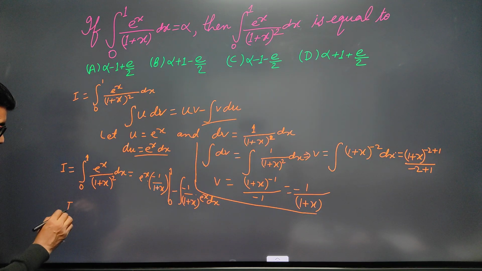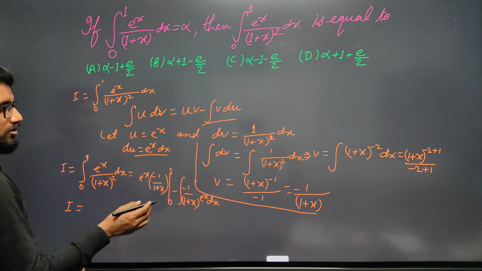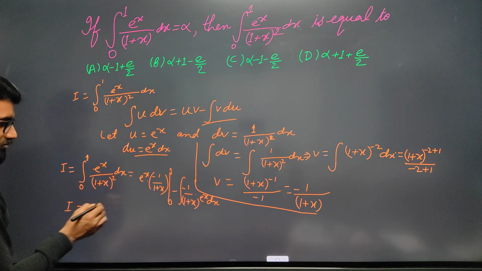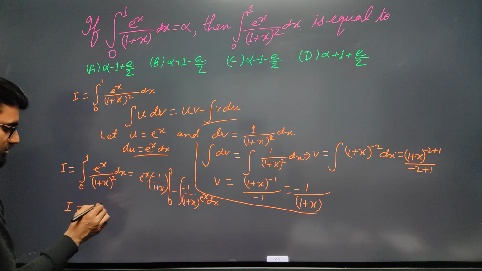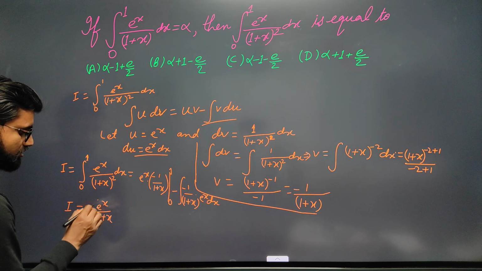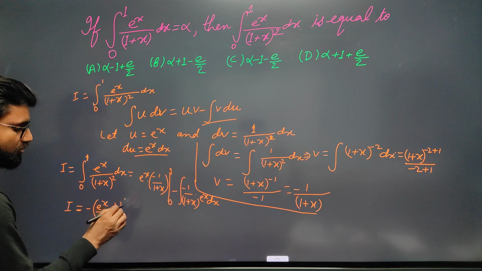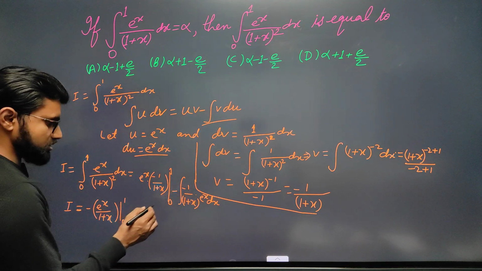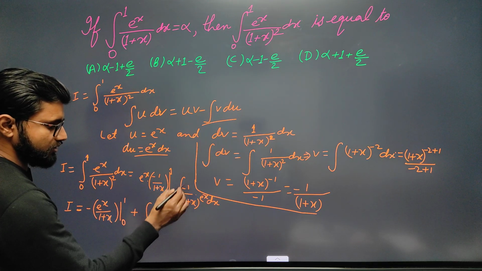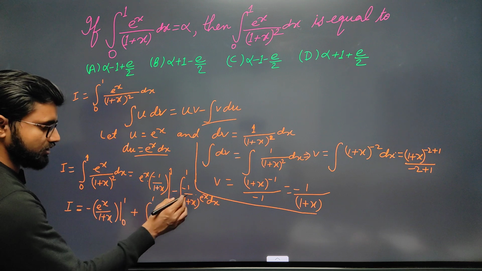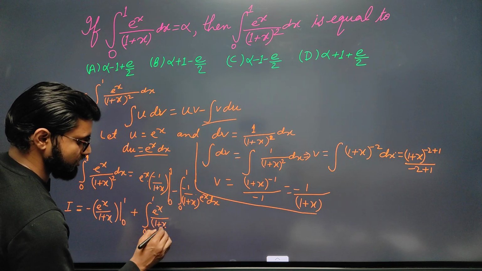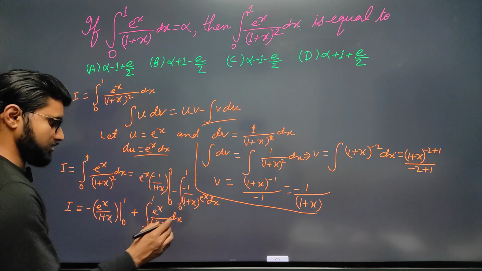So from here our integration I becomes, taking this minus outside, minus e to the power x upon 1 plus x, limit 0 to 1. This minus minus becomes plus, the integration from 0 to 1 of e to the power x upon 1 plus x dx.